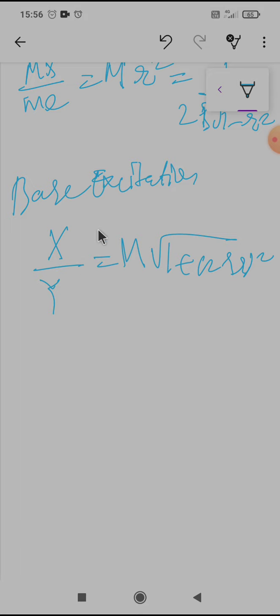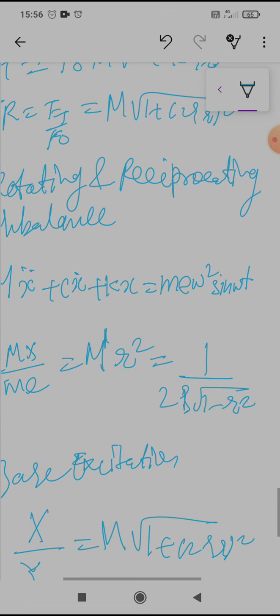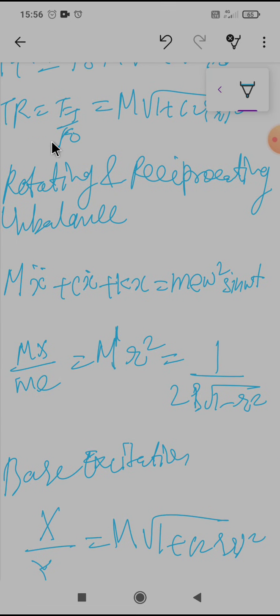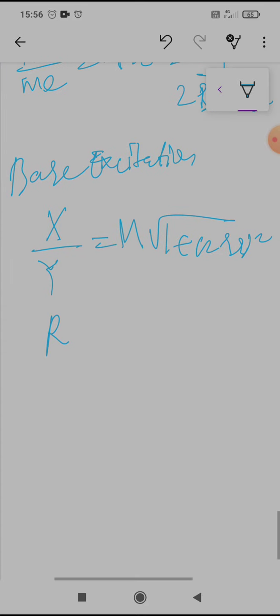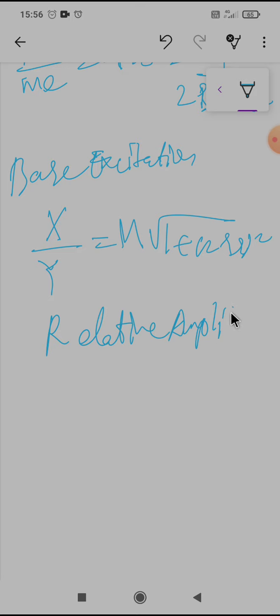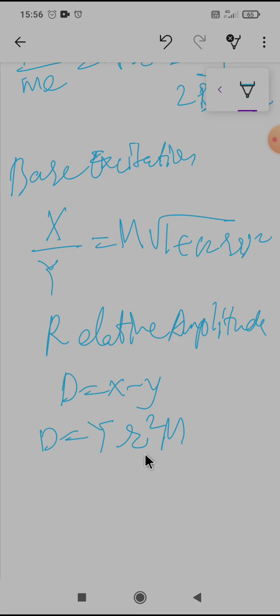So we got the same equation as for force transmissibility; the transmissibility ratio and amplitude transmissibility equations are both the same here. Then we found relative amplitude. For that we have taken d is equal to x minus y, and we got d is equal to Y r square M, where M is nothing but the magnification factor.